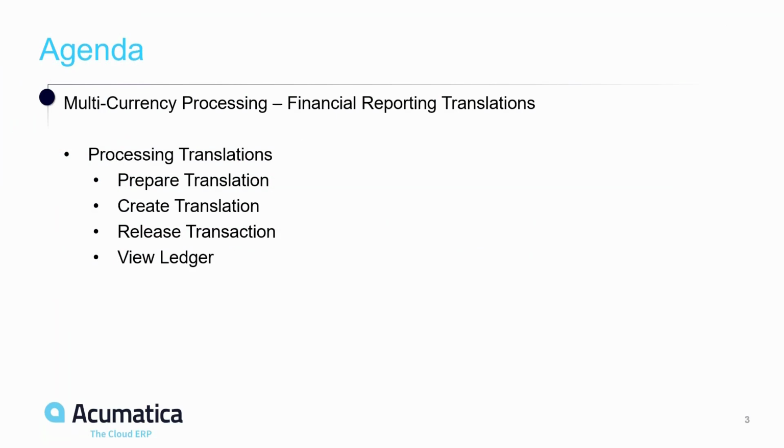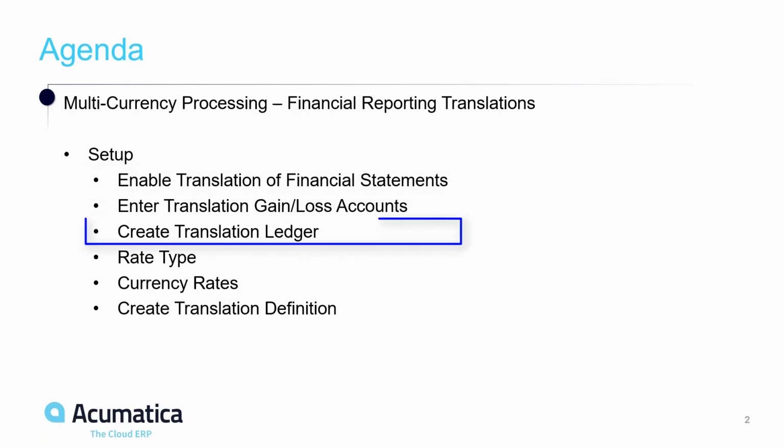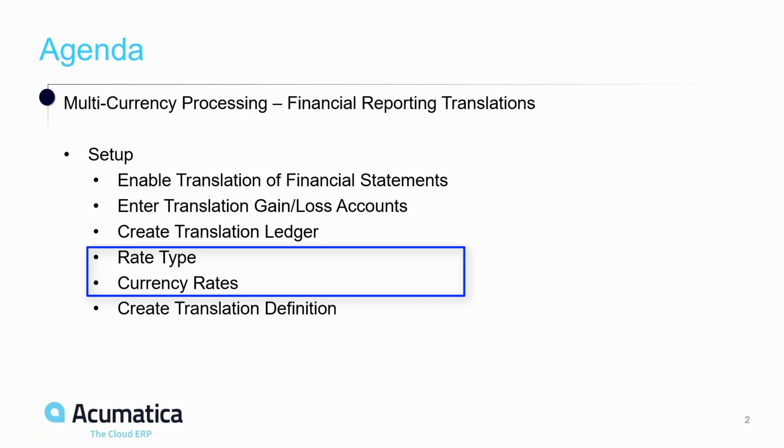So once again, to review our steps, we enabled the translation of financial statements as an option. We entered the translation gain or loss accounts. We had to create that translation ledger that will be used for our financial reports. In our example, we created a couple of other rate types besides spot, and we assigned rates to those rate types.